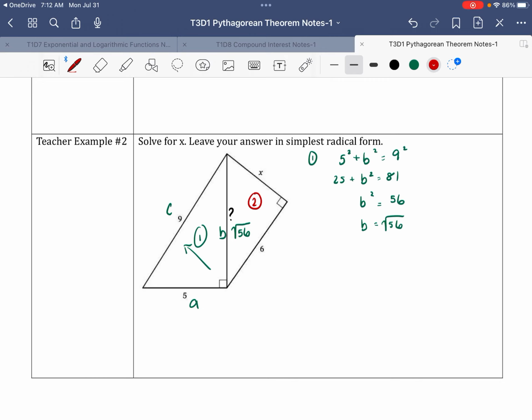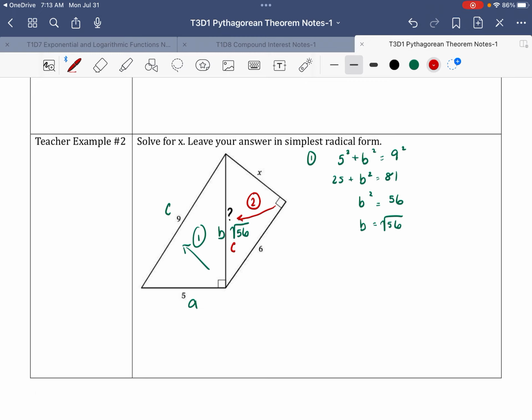And what we need to be careful about here is a leg for one triangle is not necessarily the leg for my second triangle. So here we'll find that our right angle makes our square root of 56 be our C value. It is the hypotenuse for our right-hand triangle.